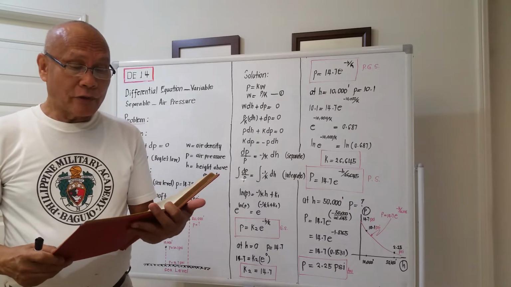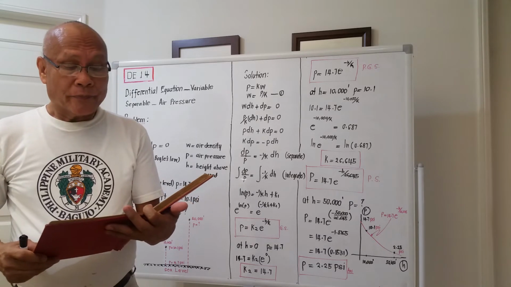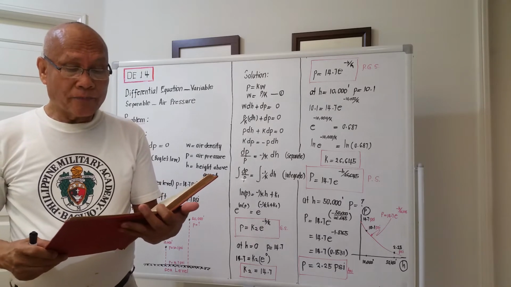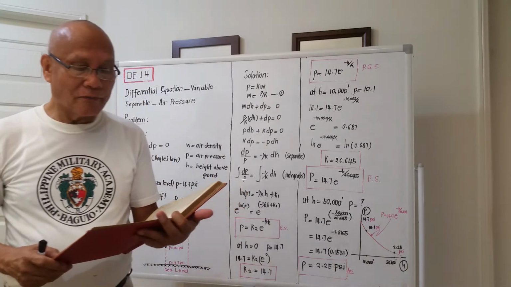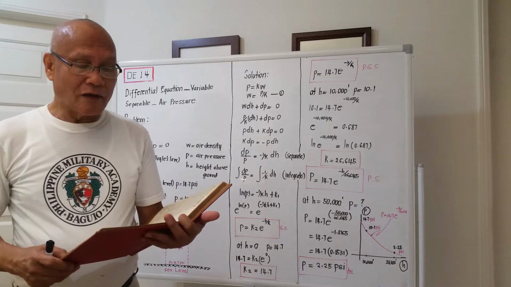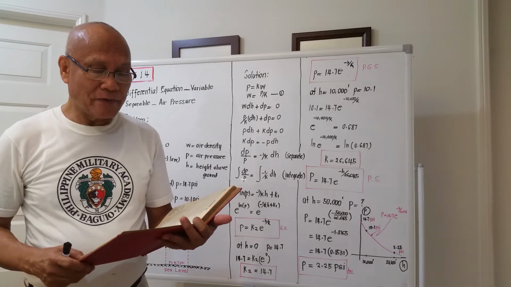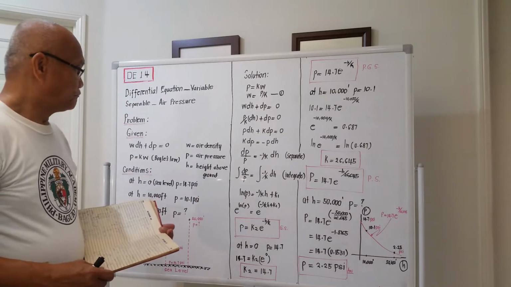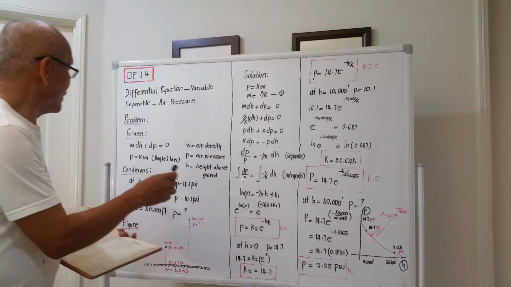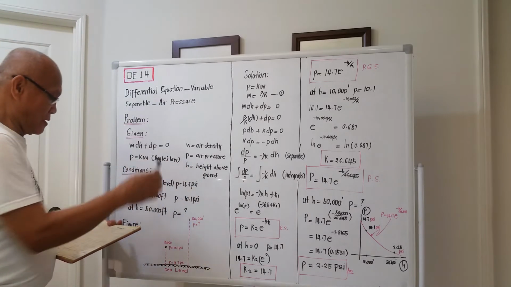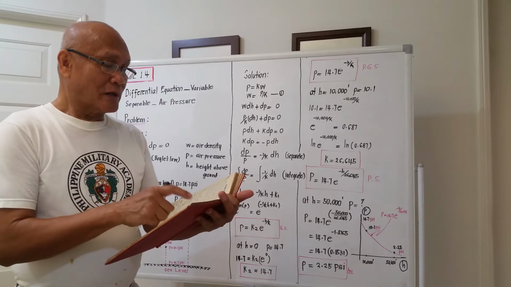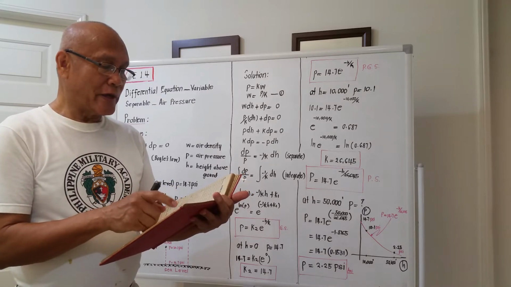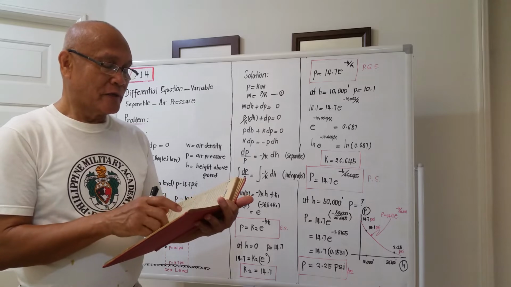The differential equation containing the atmospheric pressure P with the elevation H above sea level is W dH plus dP equal to 0. We are given this equation here. That's according to the problem, where W is the density of the air at the height h.